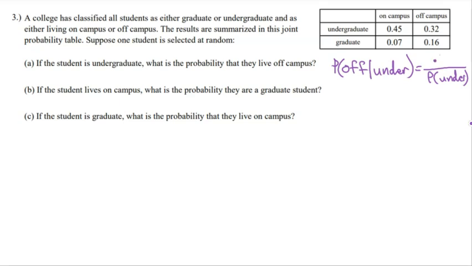That's 0.32. And the probability that they're an undergraduate is the combination of both categories that have undergraduate. So 0.45 plus 0.32, that's 0.77.